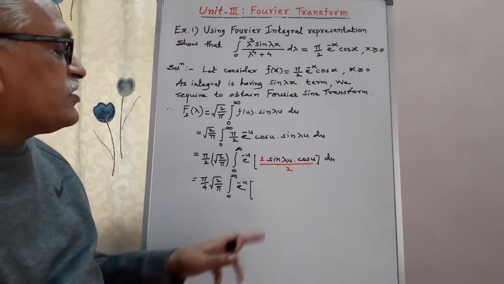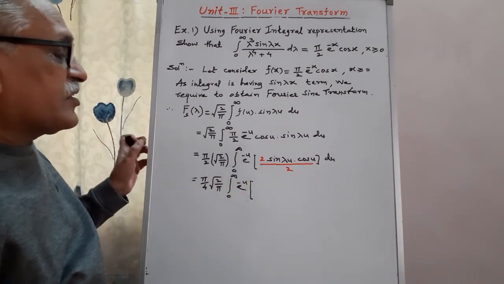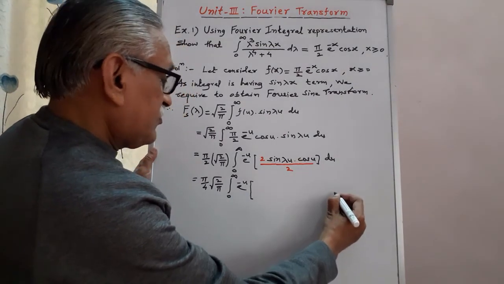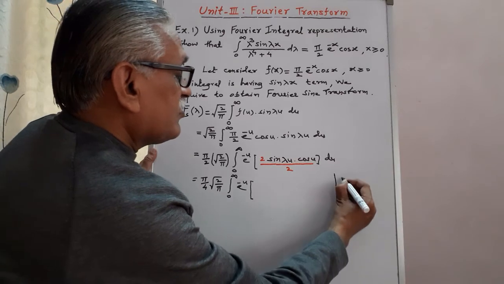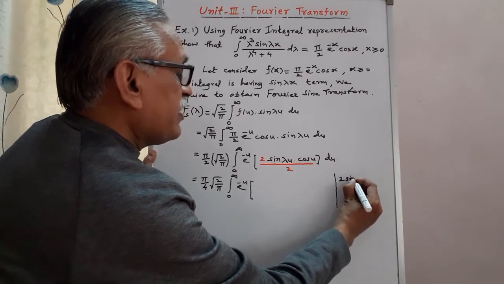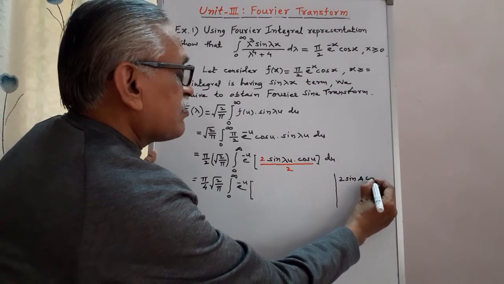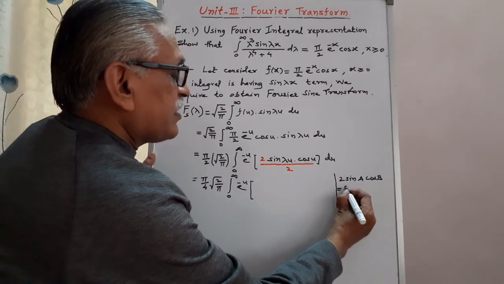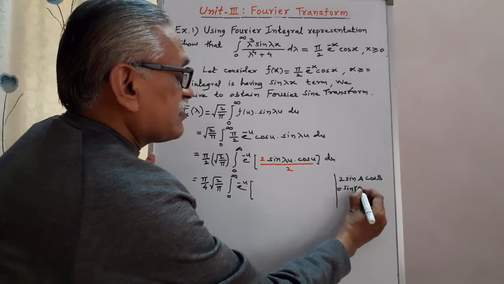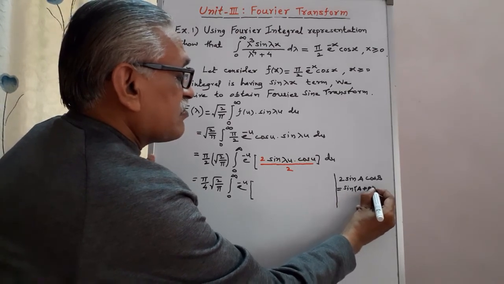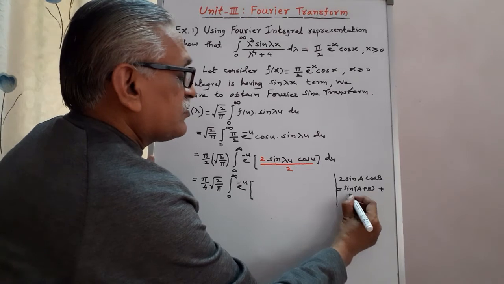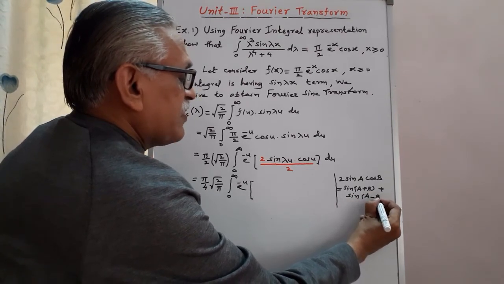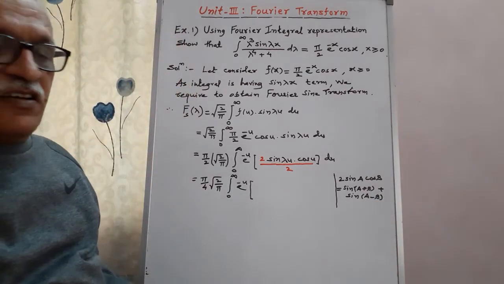e raised to minus u. Then applying the formula 2 sin a cos b, the standard result is sin of a plus b plus sin of a minus b, a standard trigonometric result.